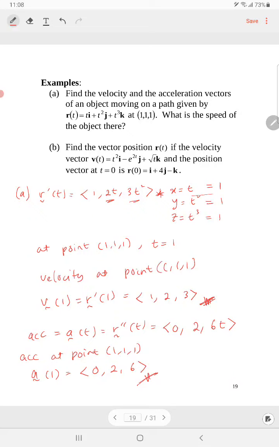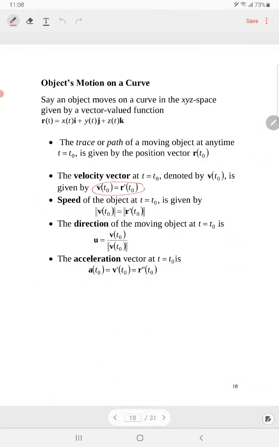We are also asked to find the speed of the object there. The speed is equal to the magnitude of the velocity, or the magnitude of r prime.